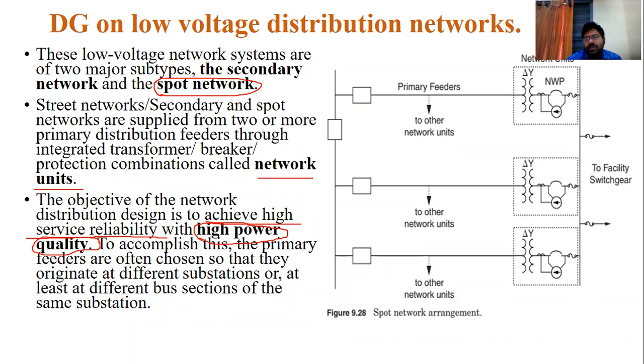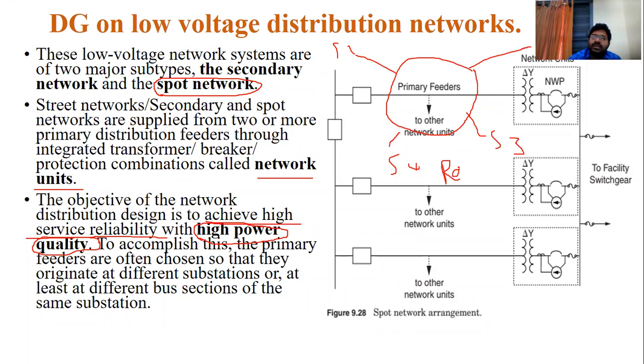To achieve this, to improve the power quality, to give continuous power to the customers, primary feeder networks are taken from different substations. This is substation 1, this is substation 2, this is substation 3, this is substation 4. That is the basic aim of the radial feeder.